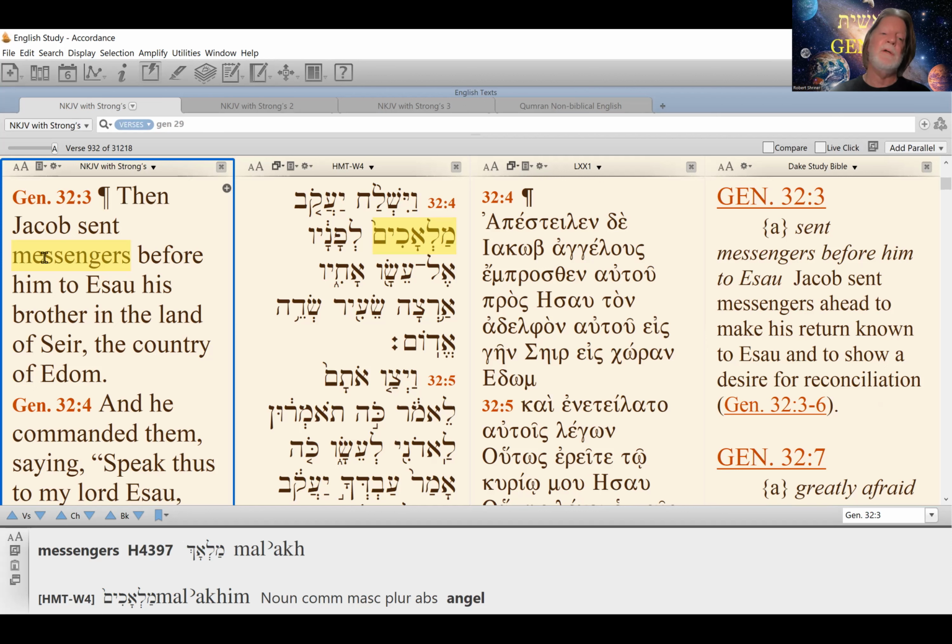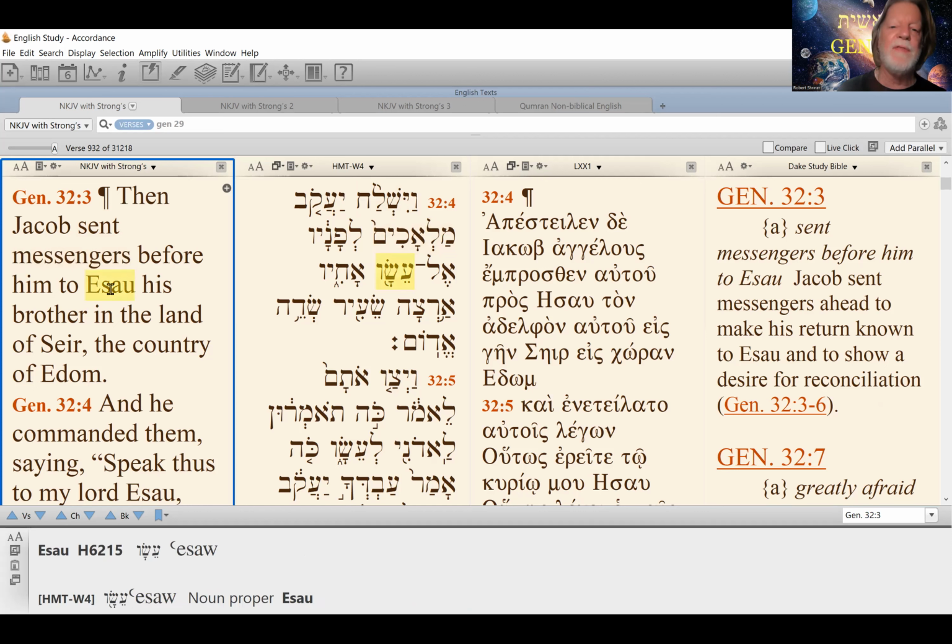And here in verse 3 they're called messengers, which we would have more of a tendency to think is referring to humans. And I'm sure that's correct, but just be aware in the Hebrew Bible it's the same word. So Yaakov sent messengers before him to Esav, his brother.